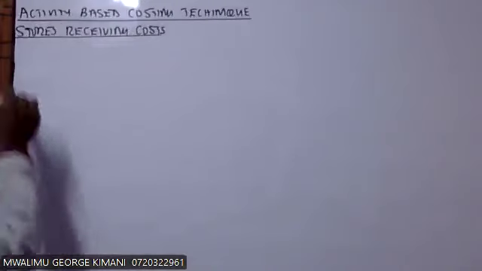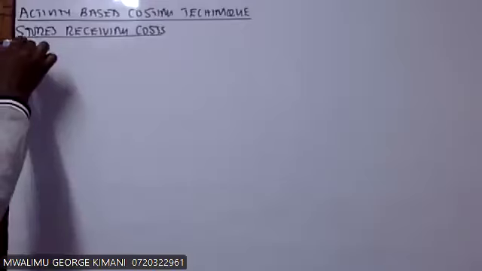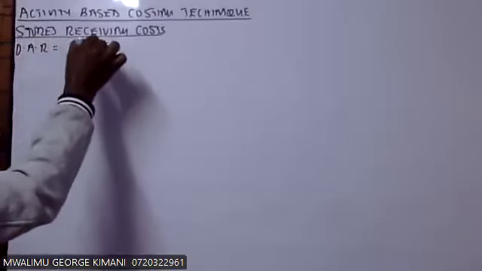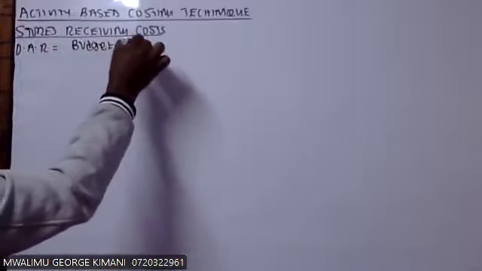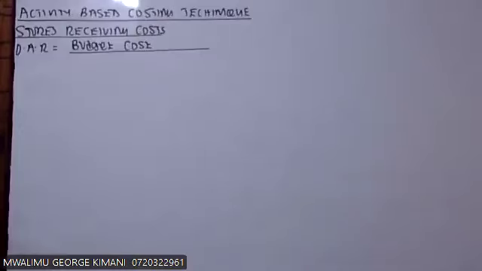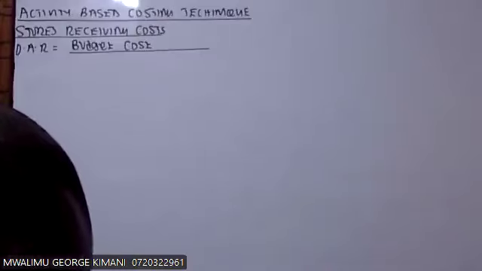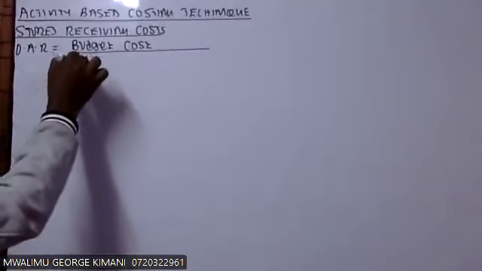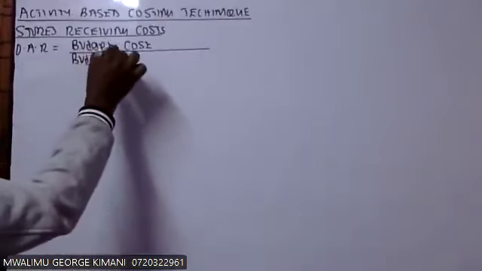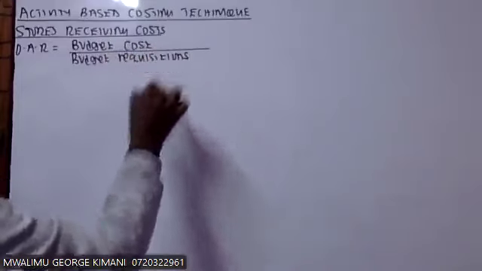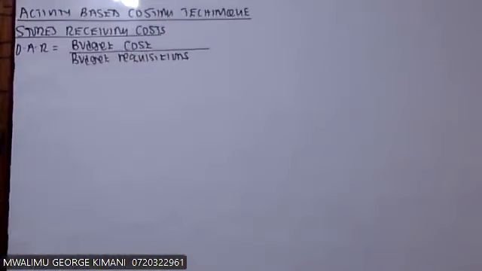So the OAR is the budget costs. We divide by the budget requisitions.